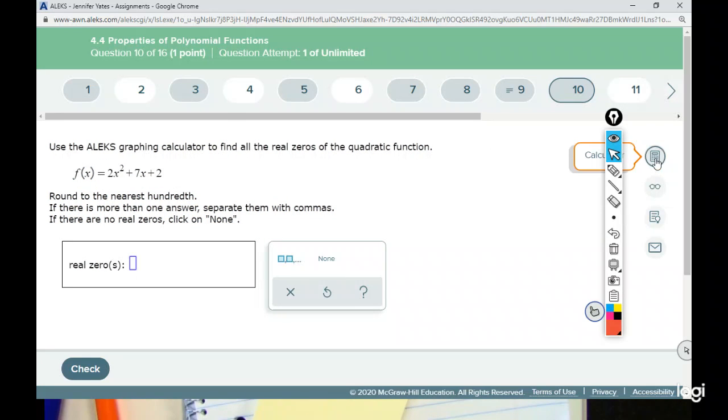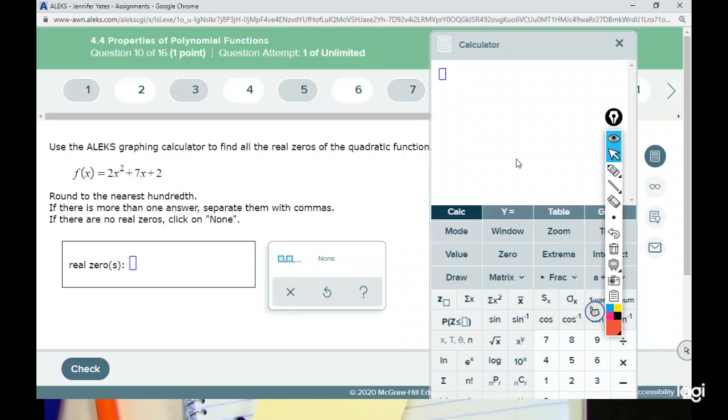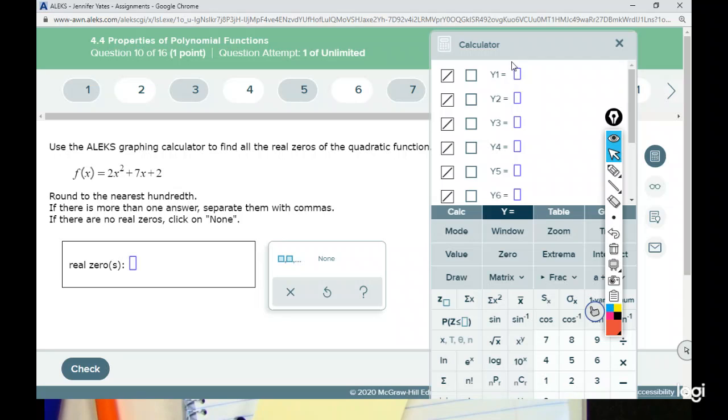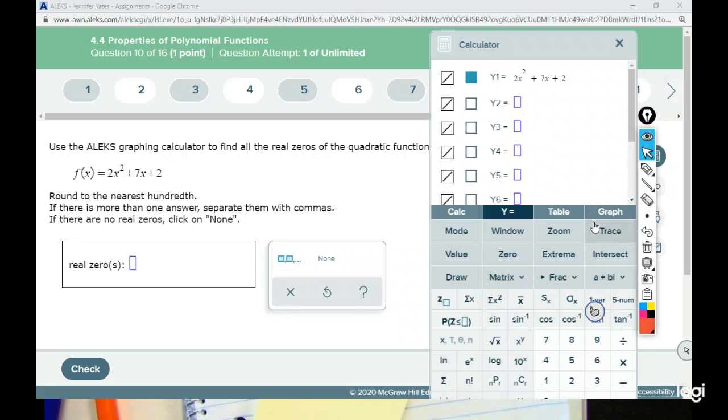Okay, you need to open the calculator, and you will go to y equals. You will type in your equation. All right, I'm going to graph it.